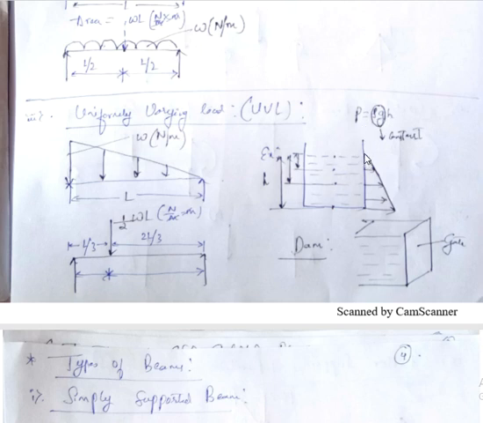If I consider a second point, the height from the surface increases, so pressure will also increase, because rho g is constant and only H is increasing. As H increases, pressure increases. At the bottom point, the height from the surface increases again, so the pressure increases again.